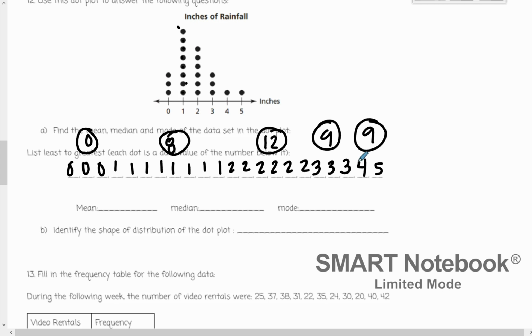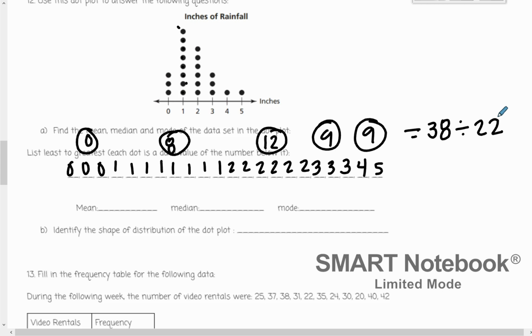Now in my calculator, I can just add up these numbers instead of having to put in that whole entire list. It makes it a little bit easier to not make a mistake. So that should be 38. We then have to count up how many data values we have all together. 1, 2, 3, up to 22.